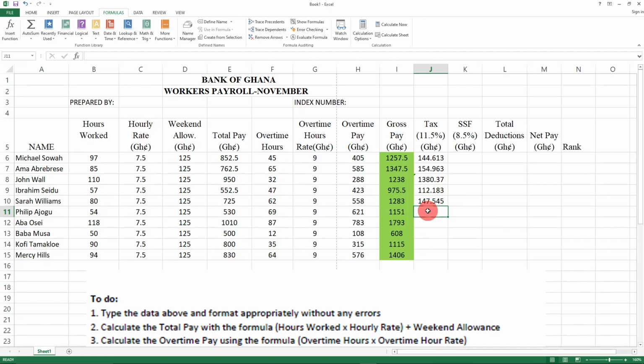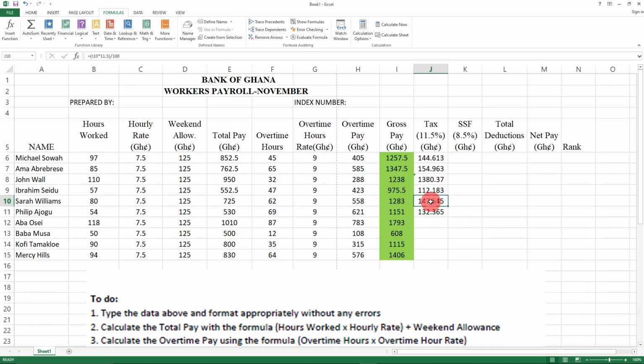Okay, so let's do it for Philip. Same thing. Philip is 1,151, which is I11 times 11.5 divided by 100.